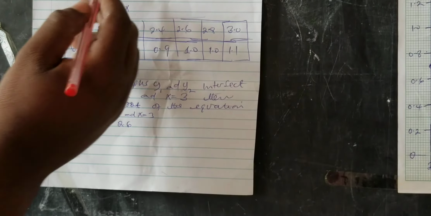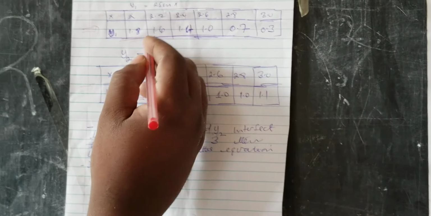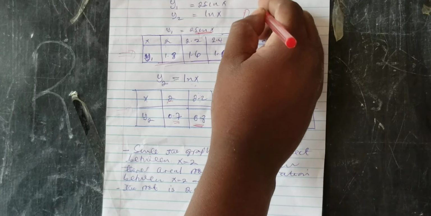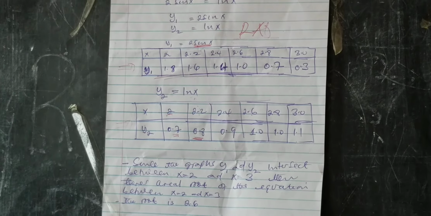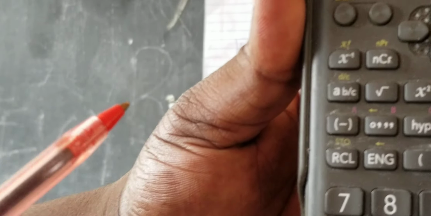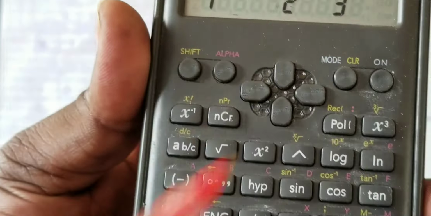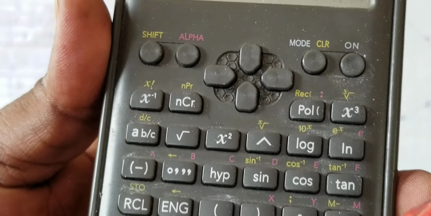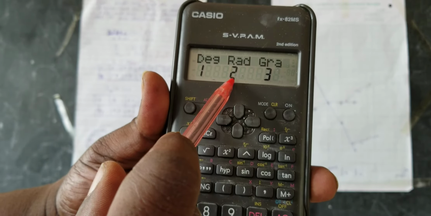Then for sine, you make sure that the calculator is set to radians. Set your calculator to rads. Press the mode, then keep on pressing the mode until you reach the radians.